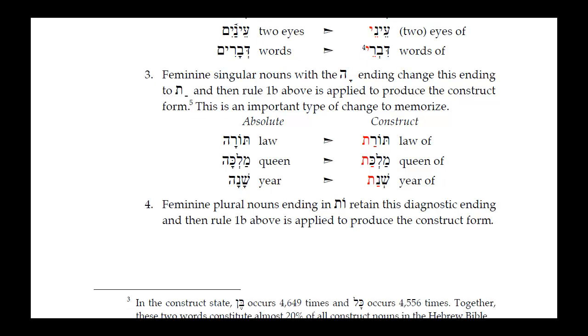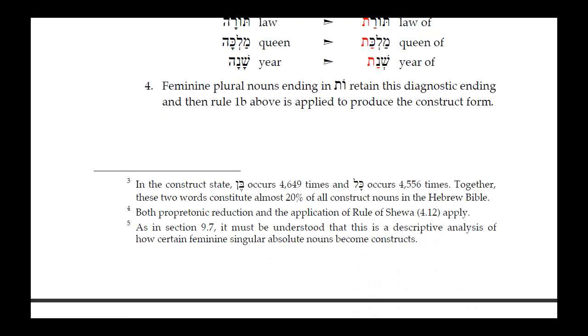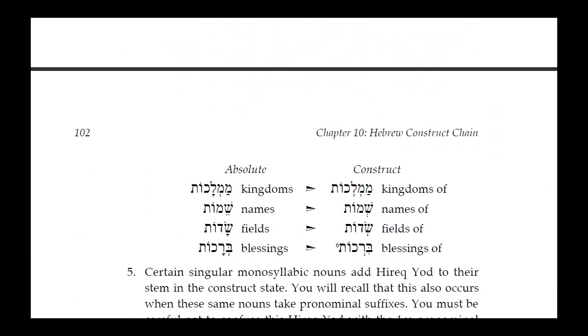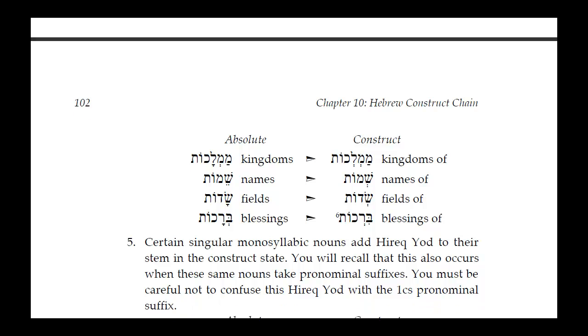Feminine plural noun endings retain Ot in their construct form. So Ot is both absolute and construct in the feminine plural here, and then the vowel reduction of 1b is applied also to produce the construct form here. For example, let's go over here to this example of mamlechot, which is the kingdoms.